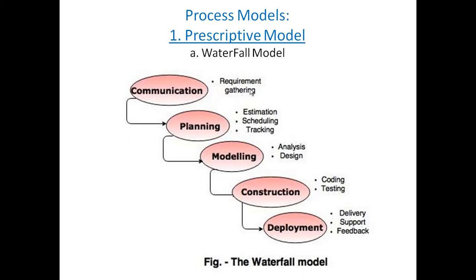What are the disadvantages regarding this waterfall model? The waterfall model is easy, but if we deploy and the users send us some feedback regarding our product, then again we need to start from the communication phase, then planning phase, then modeling phase, then construction, then deployment.